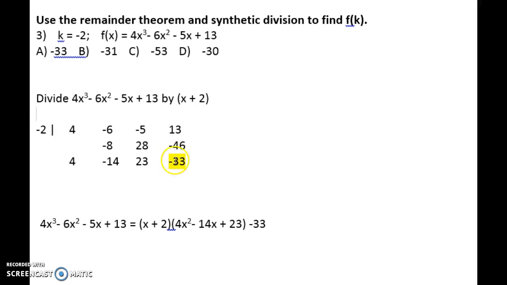So this last result from synthetic division is your remainder, and it's also the same value you get as if you plug in the subtracted value here, the -2. So if you plug a -2 into this function, you would get the answer of -33.